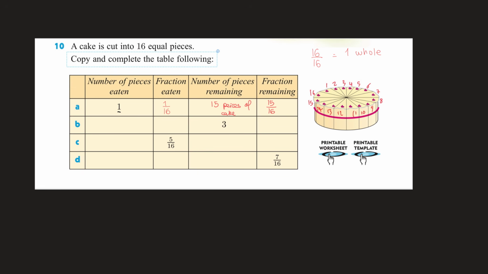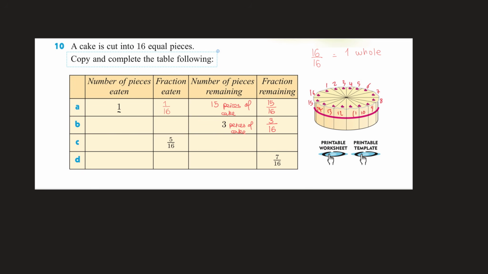For the second row, all we are told is that there are 3 pieces of cake remaining. 3 pieces of cake, okay, from this original cake. So if there are 3 pieces of cake remaining, the fraction that remains automatically is 3 out of 16. All right, then we can fill in what must have happened here before.